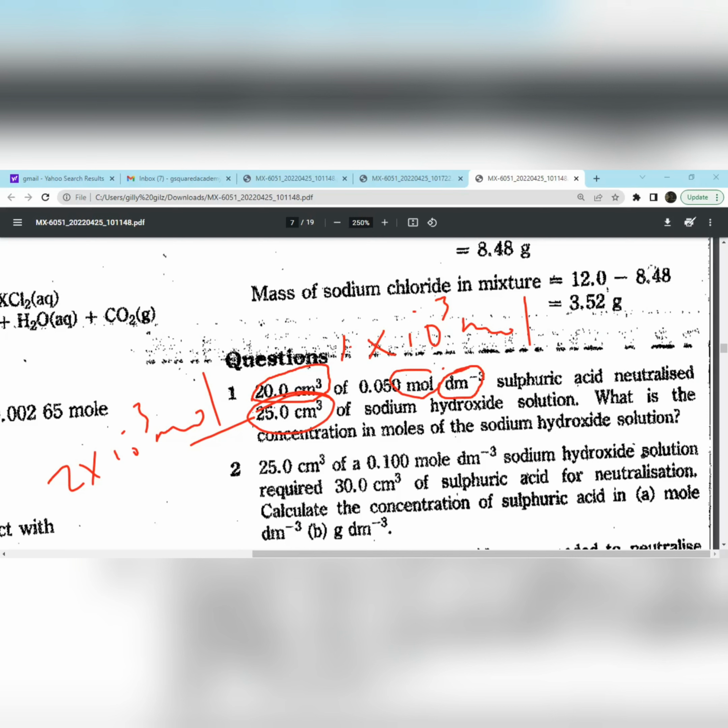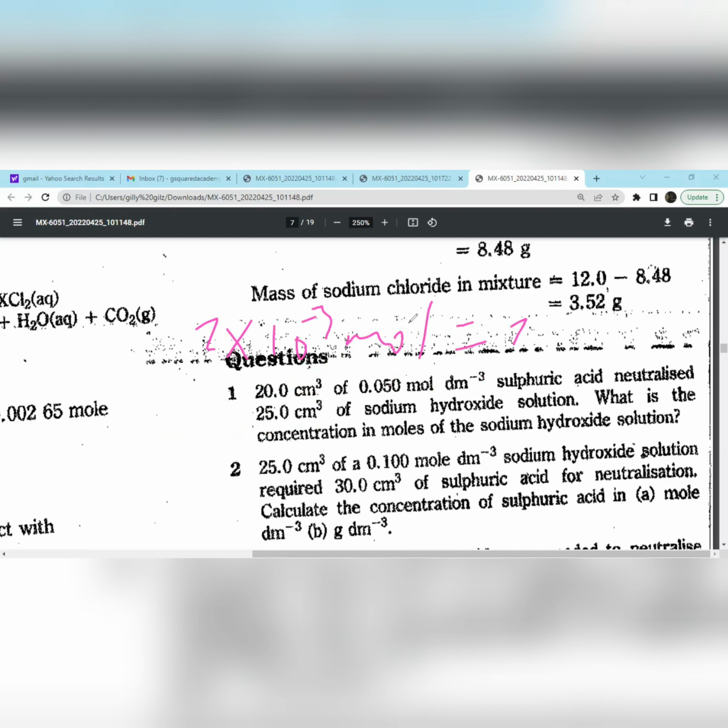So we now know the moles of sodium hydroxide. So we say to ourselves, 2 times 10 to the minus 3 moles of sodium hydroxide is equal to 25 centimeters cube. How much would be in 1,000 centimeters cube?